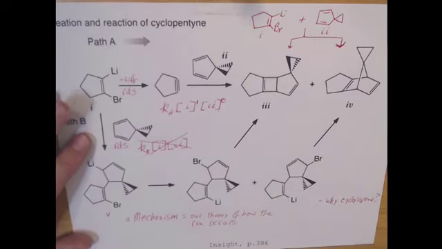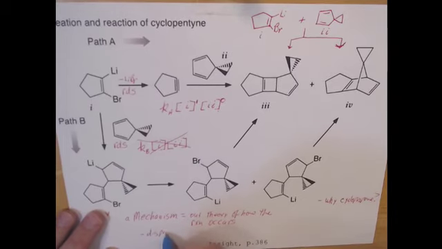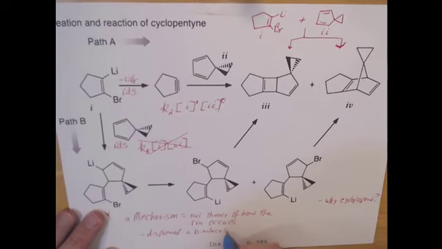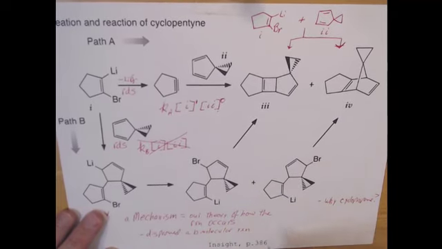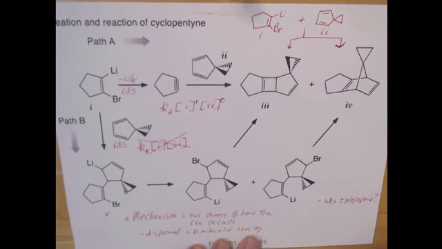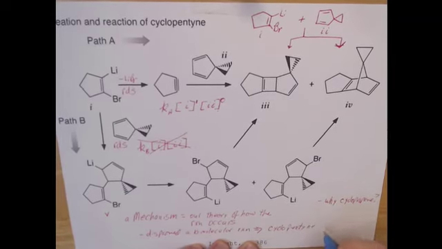Okay? And we can never absolutely prove unequivocally a mechanism, but we can disprove them. So you see that in action here, we've disproved a bimolecular reaction, and therefore we've proven in effect the other hypothesis, that is the cyclopentyne formation.